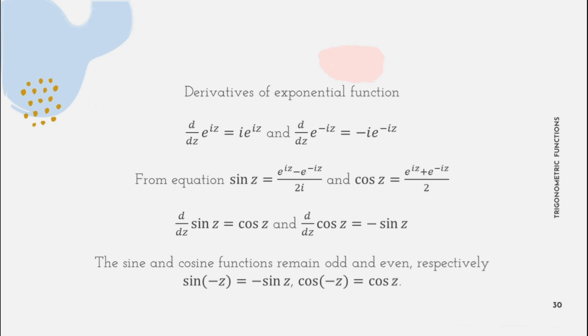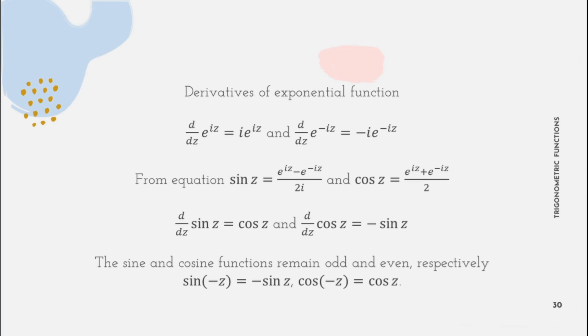The derivative concept in real functions is also used in these exponential functions. The derivative of exponential iz is equal to i times exponential iz, and the derivative of exponential minus iz is equal to minus i times exponential minus iz.